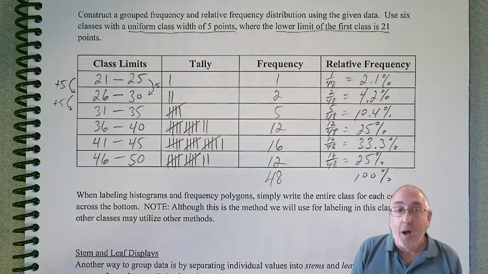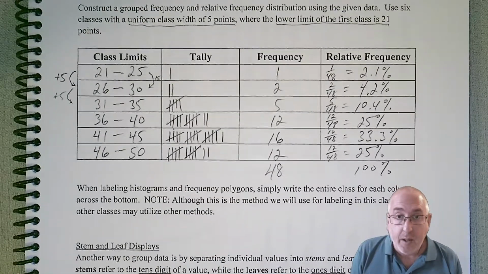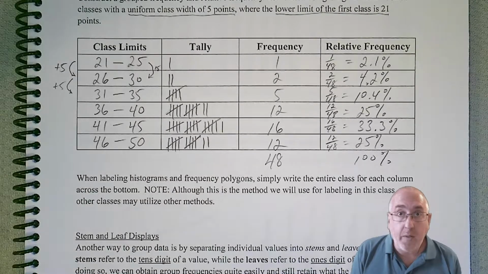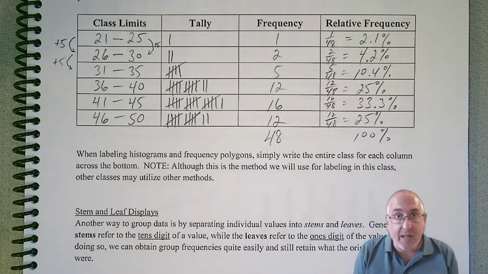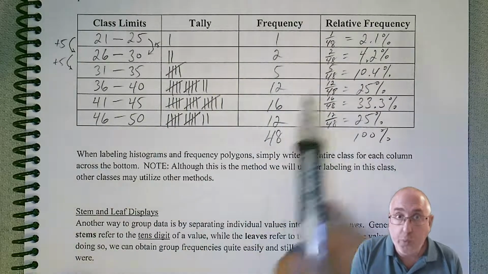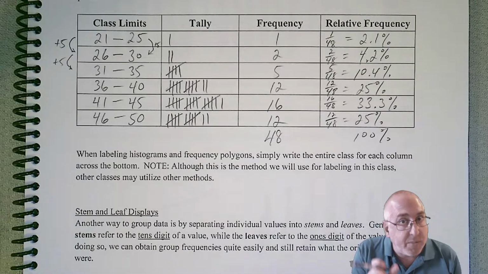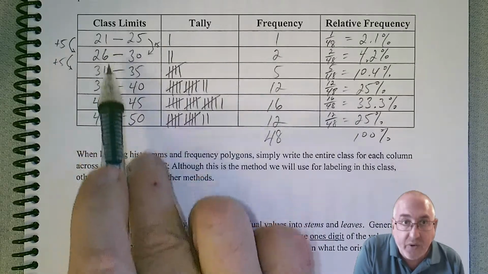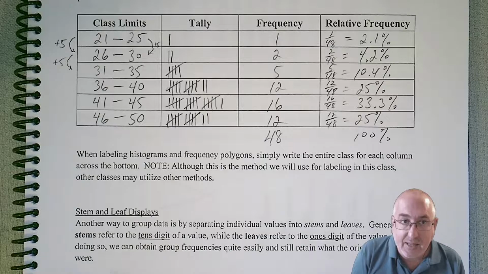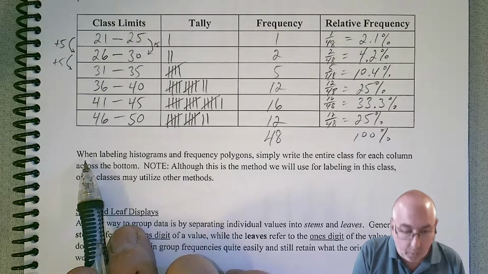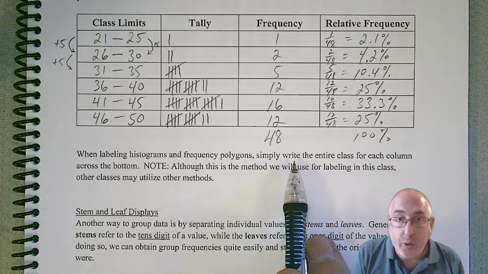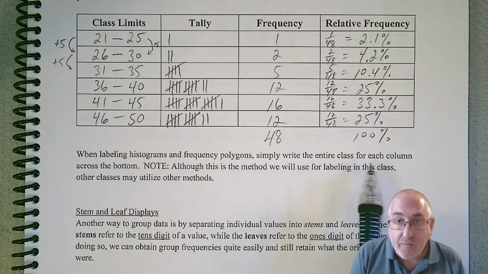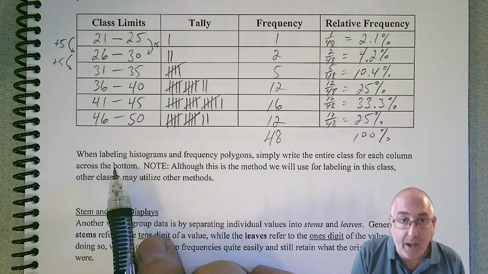So, all right. The one other thing, because I don't have an example here, is when we create a histogram or a frequency polygon for these grouped frequency distributions, the bottom is a little different because instead of individual values, you have these classes. Here's my note on that. When labeling histograms and frequency polygons, simply write the entire class for each column across the bottom.